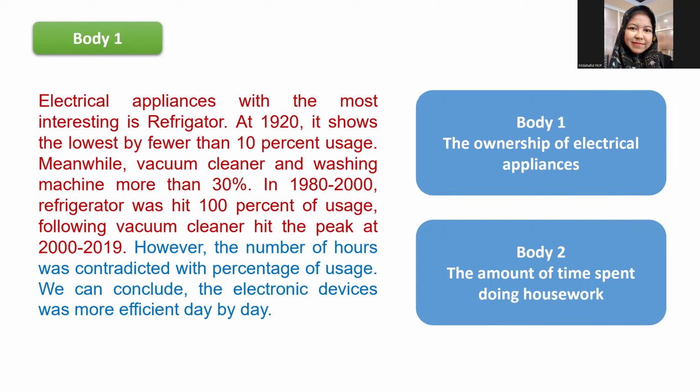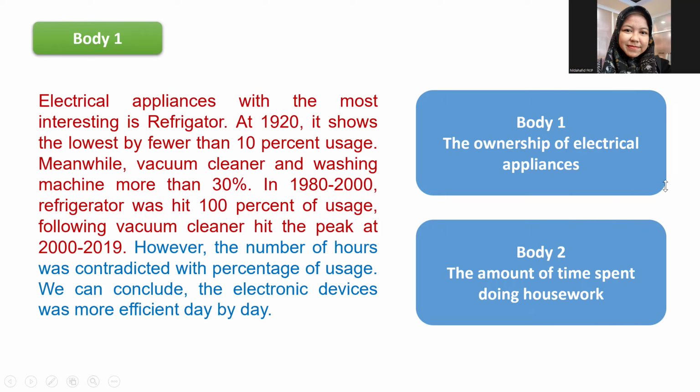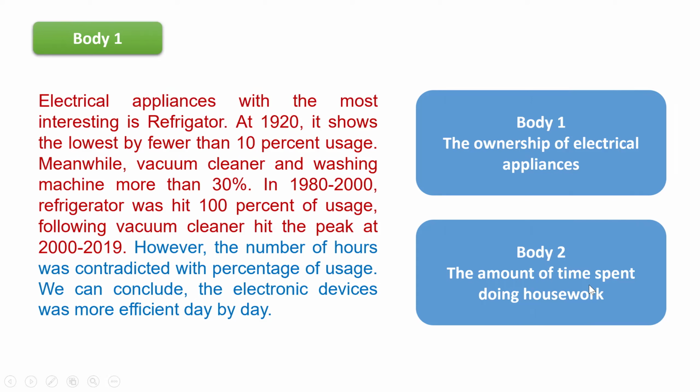How many people owned particular electrical appliances. And then in body two, you can talk about the amount of time spent doing the housework. Here actually you talk about both of them, but you tend to put them in one paragraph.